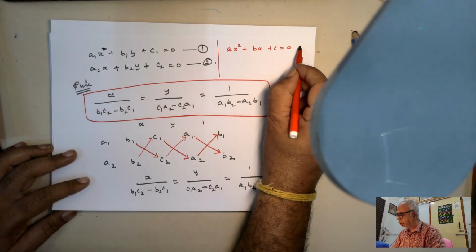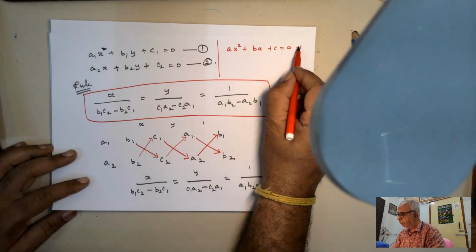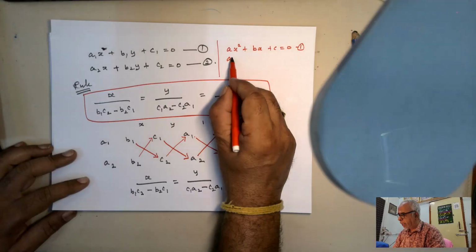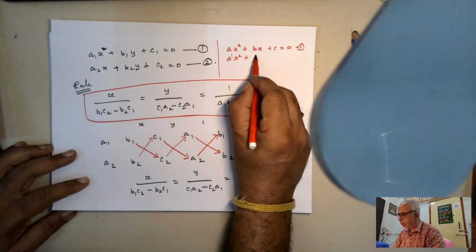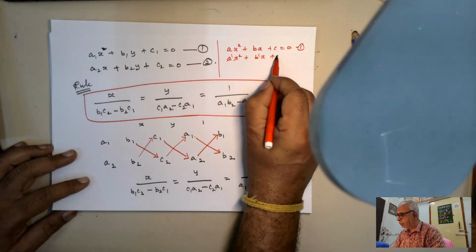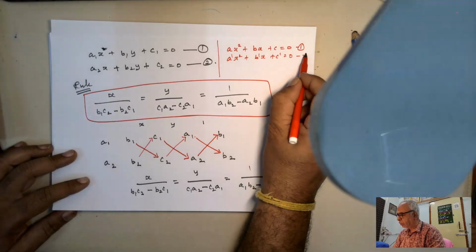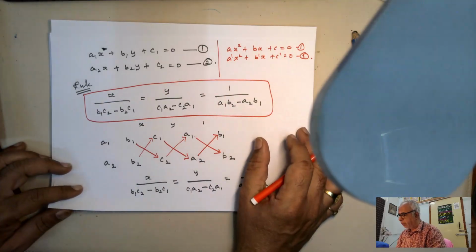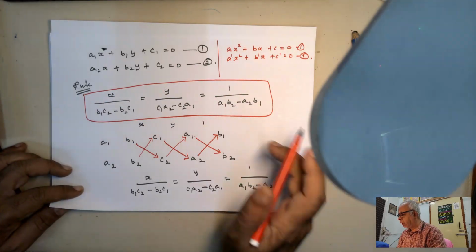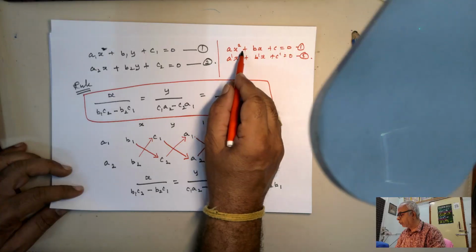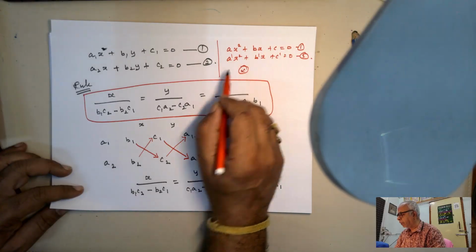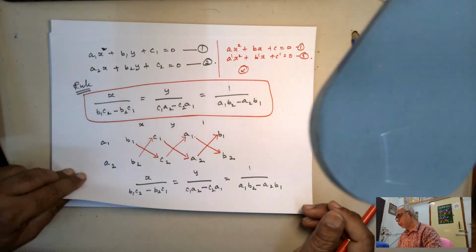This is quadratic equation 1. And then a dash x squared plus b dash x plus c dash is equal to 0. So you can apply the same rule and evaluate. And as I already mentioned, instead of x, you can put alpha. You can replace because it is the common rule.